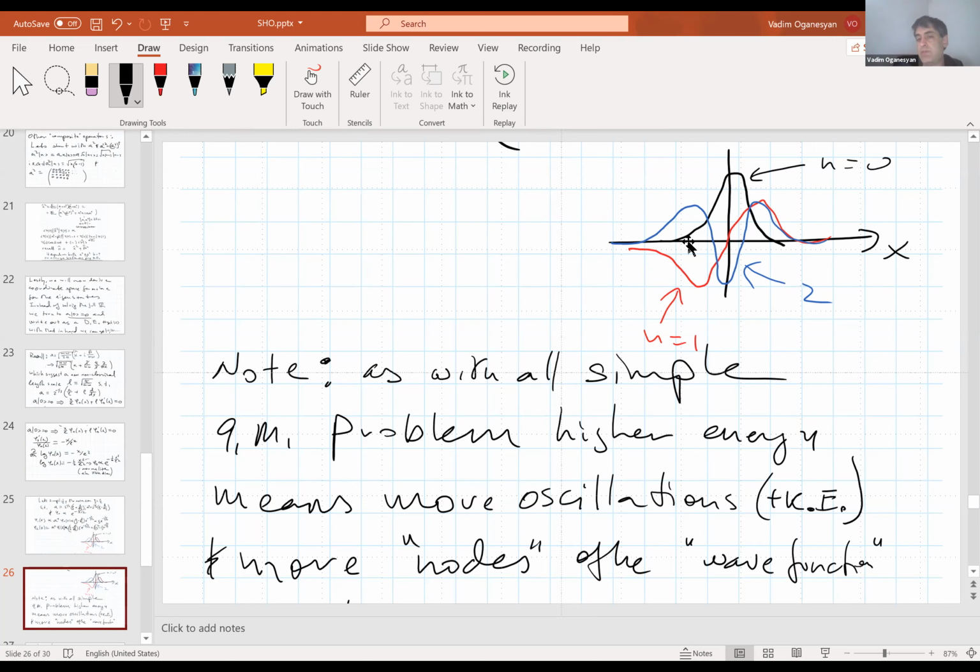So if you have a wave, a node is where the wave goes through a zero, where there's no intensity. And so the funny thing is that these wave functions, as they gain in energy, have these places where the probability of having a particle vanishes. These are called nodes.